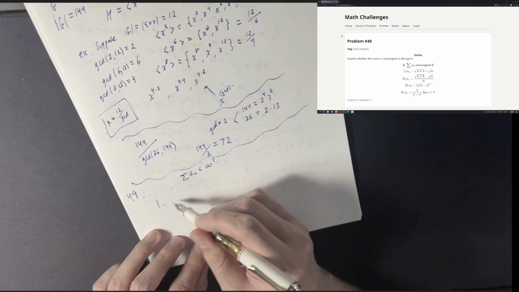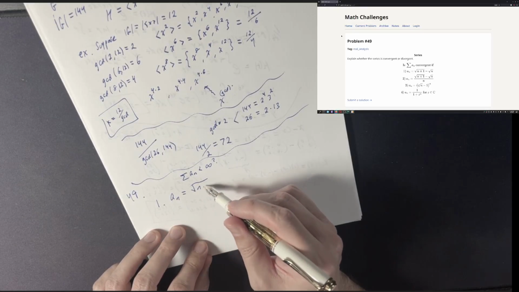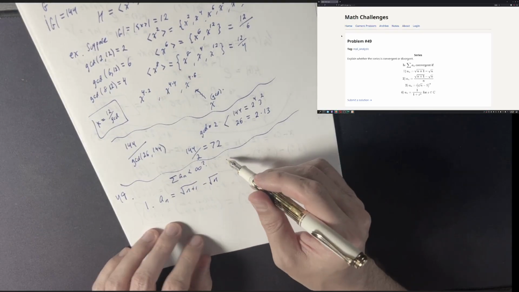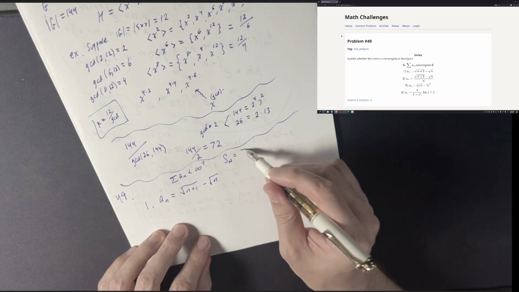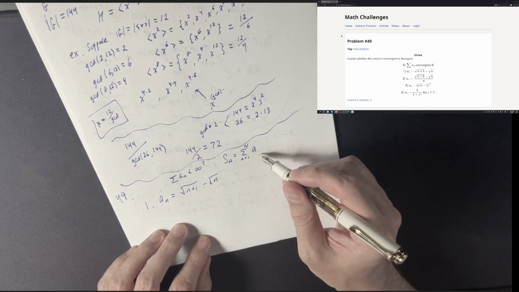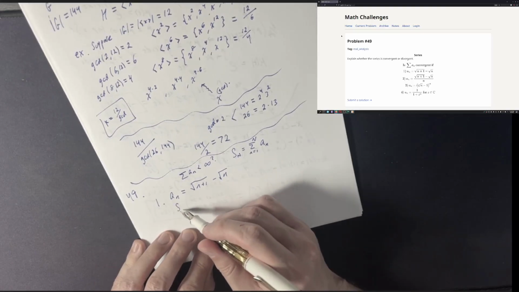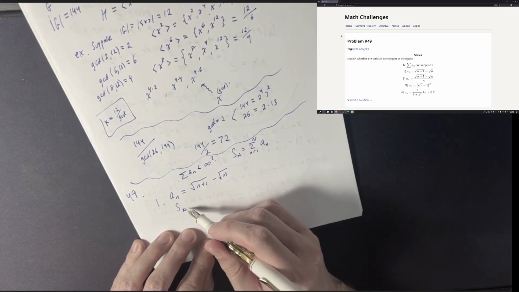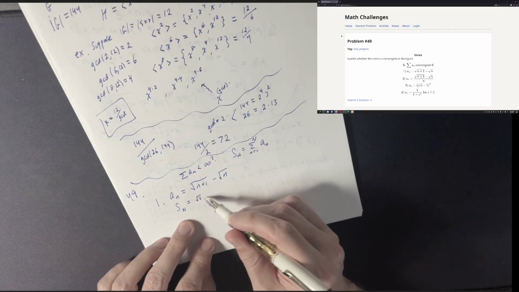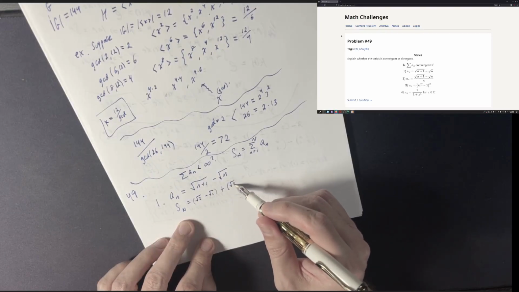So in 1, this is our series, but you can kind of see if you were to start adding these up, let's let Sn be the sum as n goes from 1 to capital N of our terms, you can see that Sn is root 2 minus root 1 plus root 3 minus root 2.